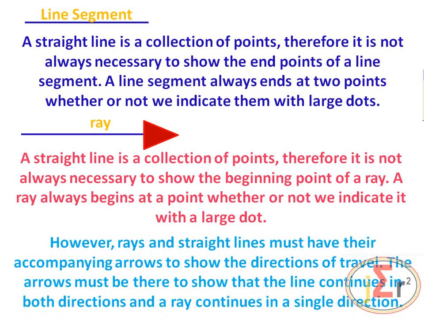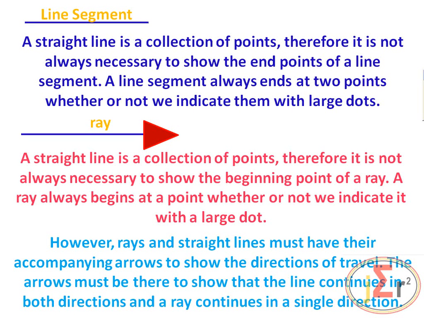However, rays and straight lines must have their accompanying arrows to show the directions of travel. The arrows must be there to show that the line continues in both directions and a ray continues in a single direction.